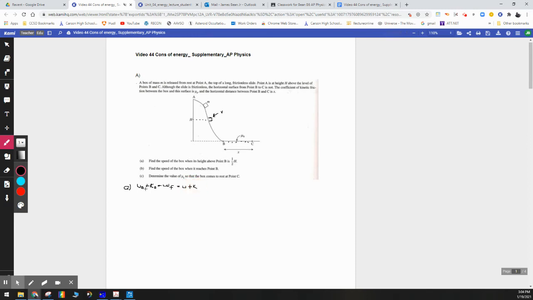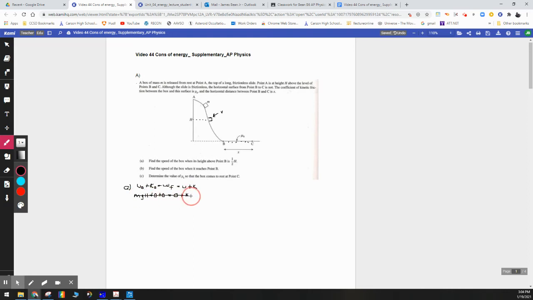Potential energy we start off with is simply mgh. Now it starts from rest, so there's no kinetic energy and there's no work done by friction. Now at the bottom here, the potential energy is 0, but there is kinetic energy. Actually, my bad.